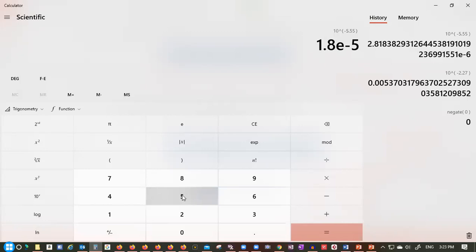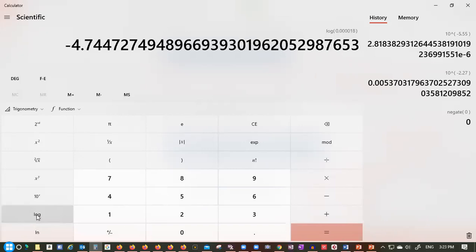And we want to take the negative log of that. But there's no negative log. It's only log of that. So you add the negative after you do the log. So let's just do log of that number, and that will be negative 4.74.